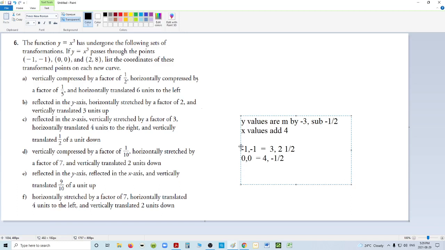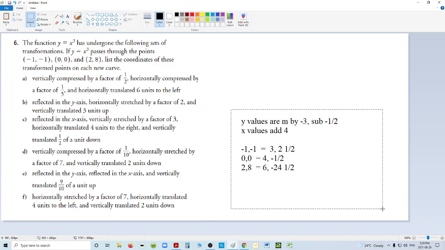And then 2, 8 becomes add 4 becomes 6, and then multiplied by -3, -24, and subtract a half, so it's -24 and a half. And you'll discover that's what your answers will be.